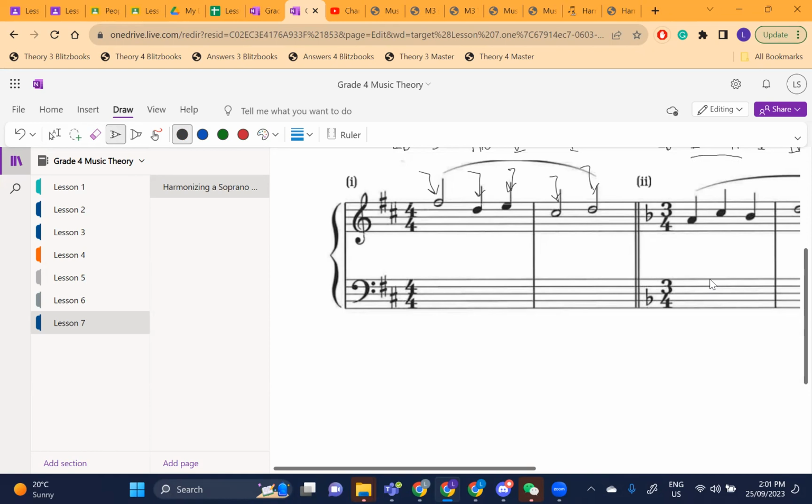You cannot leap to or from a passing note. So therefore, that note is not a passing note, and we have to harmonize it normally. We're in D major, so chords: I'm going to use 2, 5, 1, 1, 6 to 2, and then voice exchange.